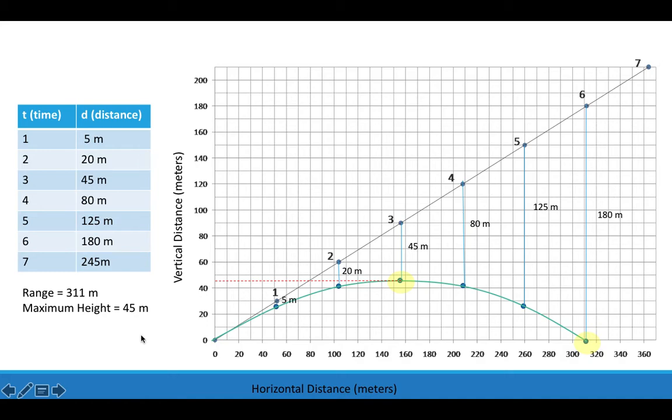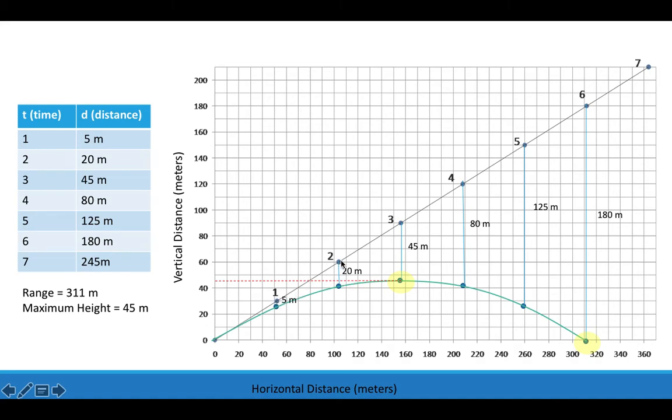So this is a sort of graphical, conceptual way that you could determine where an object would land if it was projected at a particular angle. We would have to measure the angle, draw that straight line that the object would travel if gravity wasn't present.